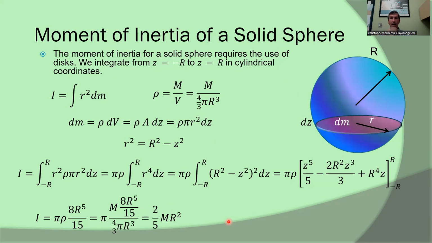Okay, what about a solid sphere? Here it's a little more challenging because this r is now going to be replaced by this equation right here. R squared equals the radius of the whole sphere. But the radius of each disk is 0 down here and is maximum at the equator. So what describes that type of situation?